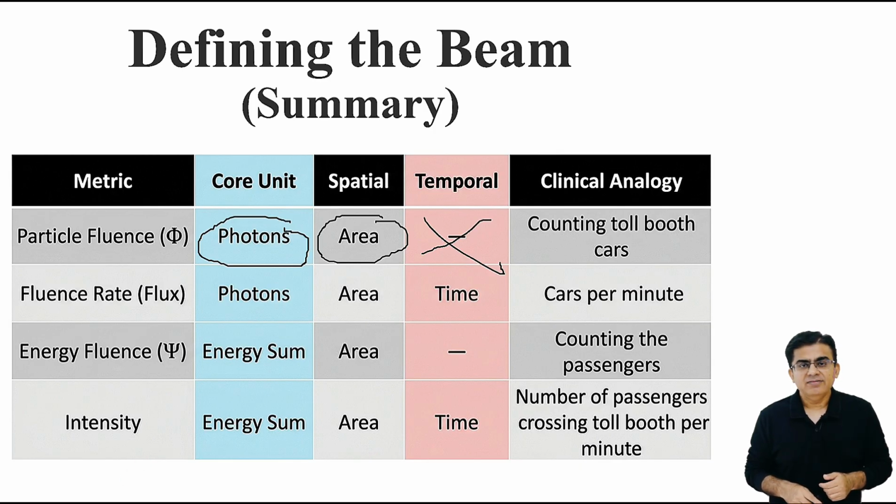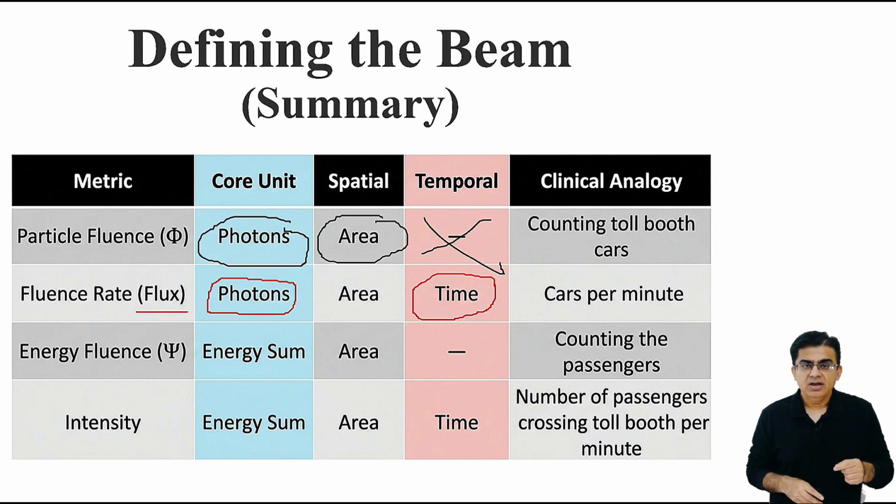Second, we have the fluence rate, which is also called flux. We are still just counting the total photons crossing an area, but now we add the time factor to it, which means we measure against time. Our analogy here is counting exactly how many cars pass every single minute.